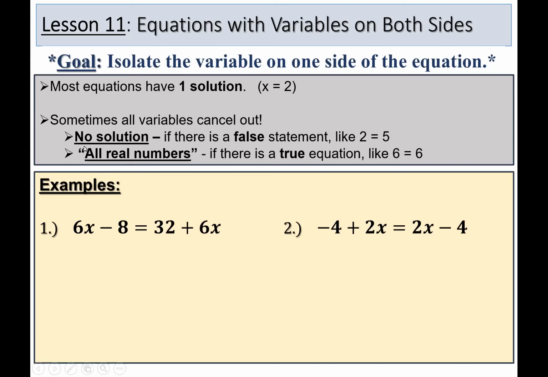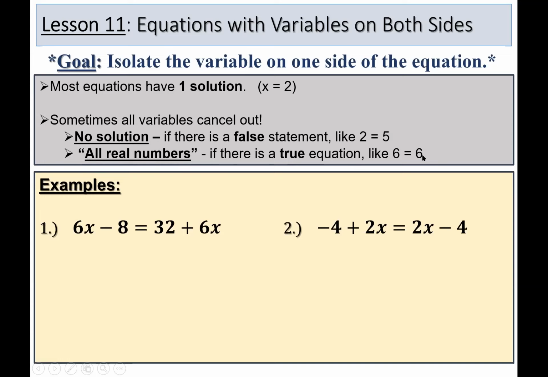Sometimes what happens is you end up with a true equation. So sometimes you might answer all real numbers, meaning x could be any real number for your solution. That's actually an infinite number of solutions. You might see that phrase as well, infinitely many solutions, or all real numbers. And that's what you would answer if there is a true equation at the end, like 6 equals 6.